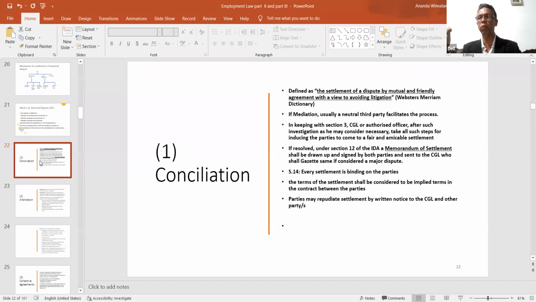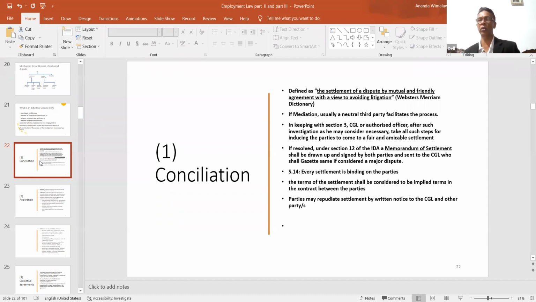Labor Department should not try to settle through force. No, friendly manner. Then, if conciliation fails, then the commissioner may ask the parties, hey, look, you are not coming to an amicable solution.